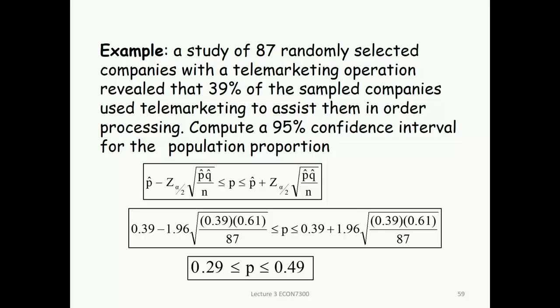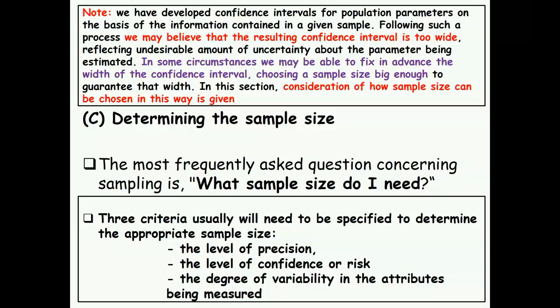Because the confidence interval is too large, it didn't give me any information. Maybe if I know the sample size exactly, that would help me narrow my confidence interval. We may believe that the resulting confidence interval is too wide, reflecting an undesirable amount of uncertainty. My age, 30 to 60: uncertainty about the parameter being estimated.